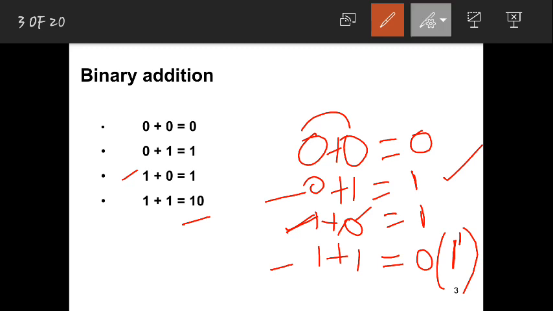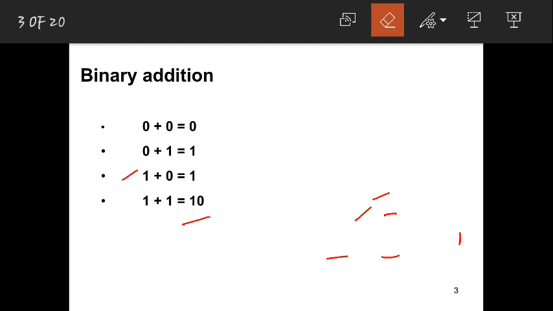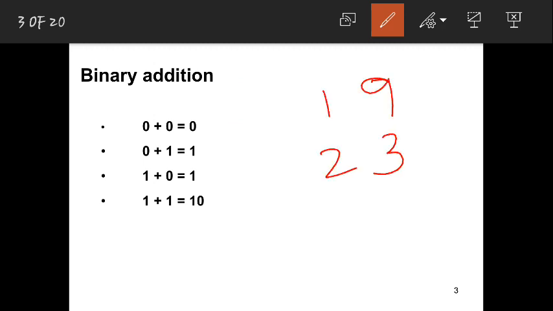In the sense, whenever you are adding, say, a number 9 3 2 and 9 2, these are decimal numbers I am adding.